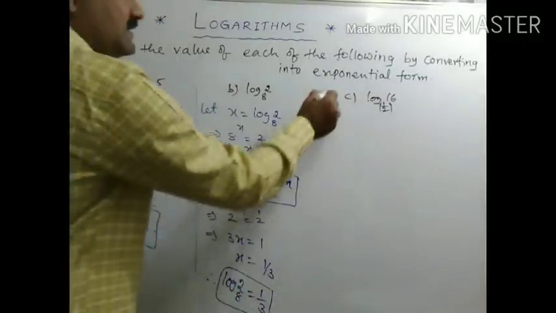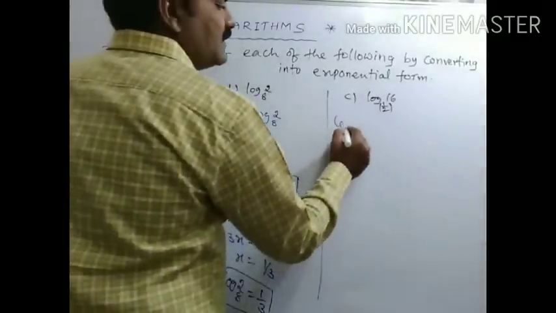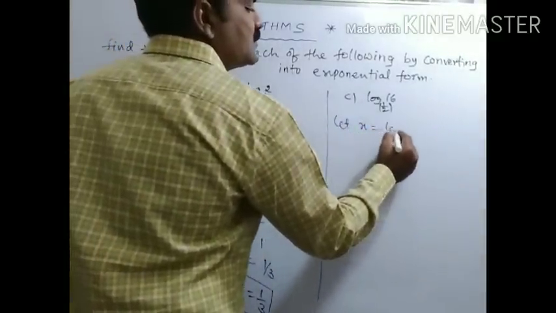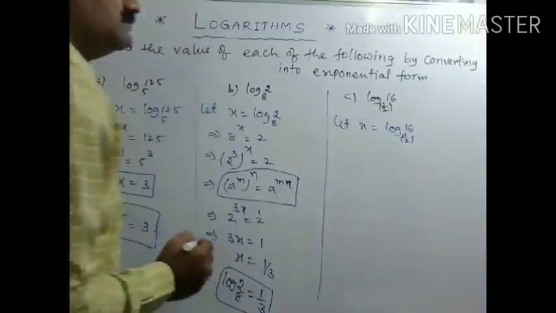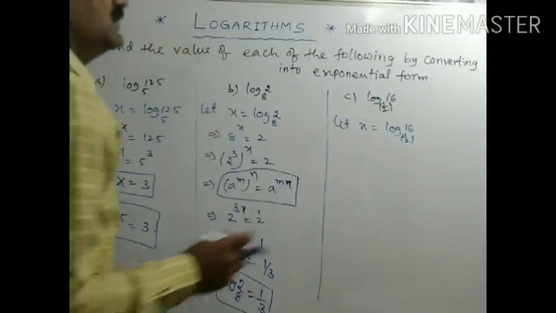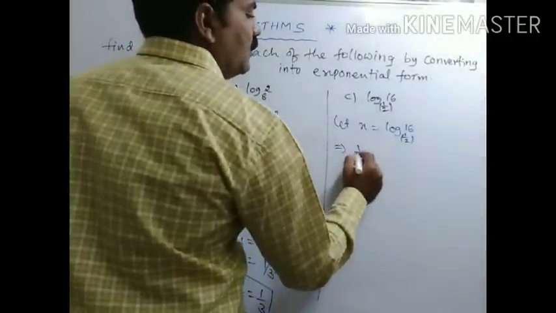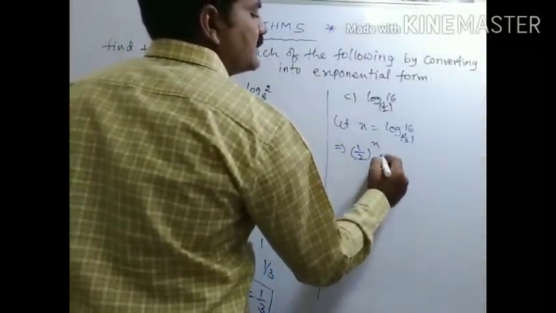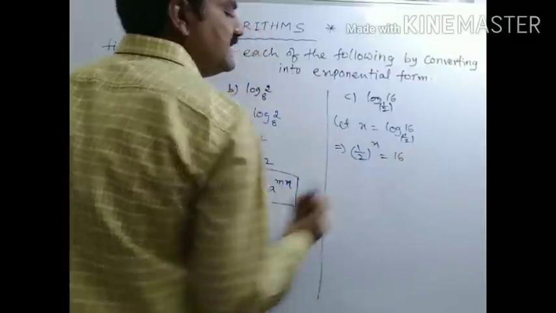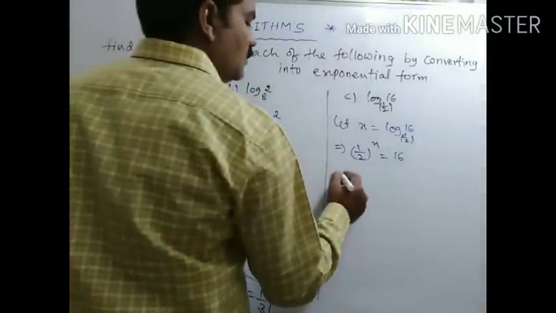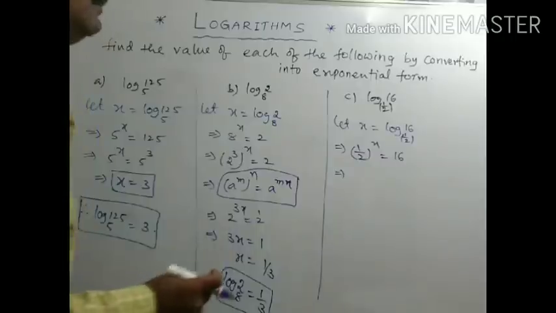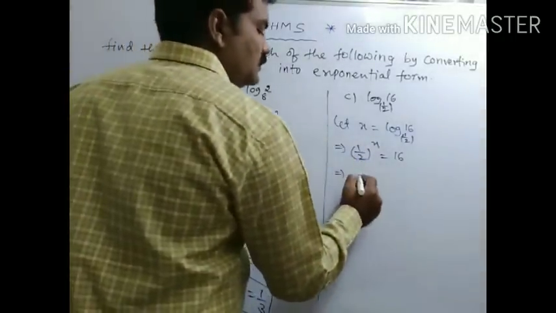Now, can you guess similarly this one? First of all, x is equal to log 16 to the base 1 by 2. Right? So now this is 1 by 2 power x, which is equal to 16. Isn't it? So 1 by 2 I can write as 2 to the power of minus 1.